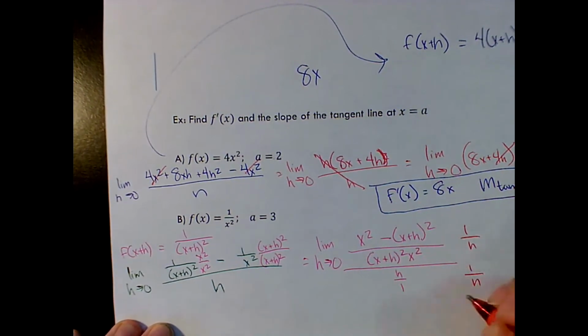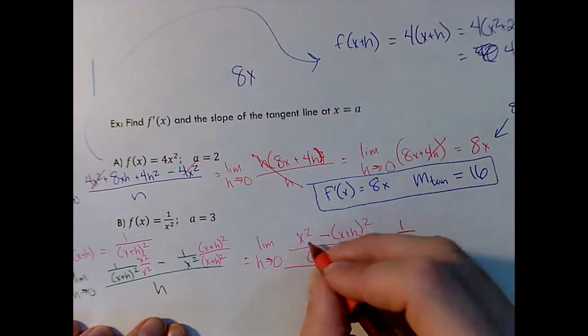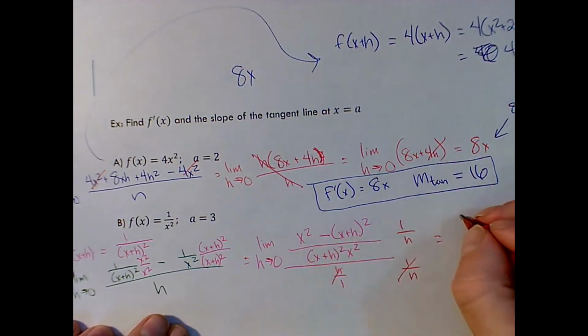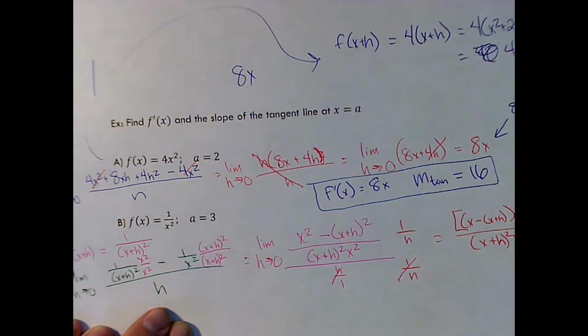The cute way that I did this one is I turned that into a difference of squares problem. So this is the same as x minus x plus h times x plus x plus h, over x plus h squared x squared h.